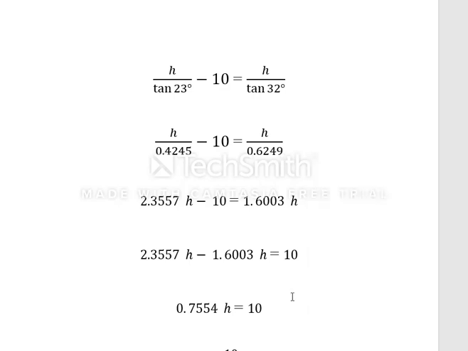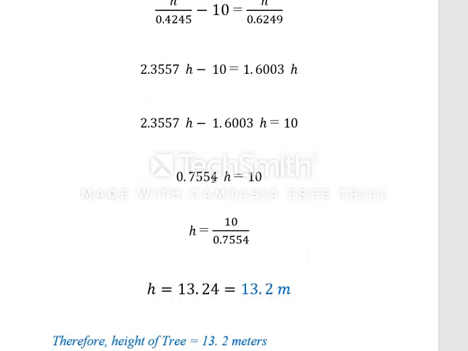In the next step, this value is multiplying with h, so it will come to the other side in the form of division. So 10 divided by 0.7554 will give us the answer 13.24. So h is 13.24, and if we round this figure to 3 significant figures, it will become 13.2.